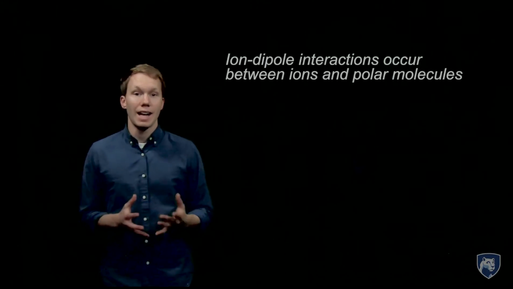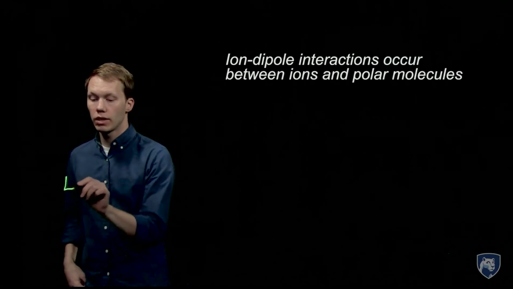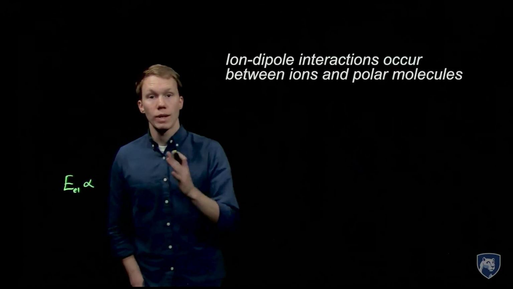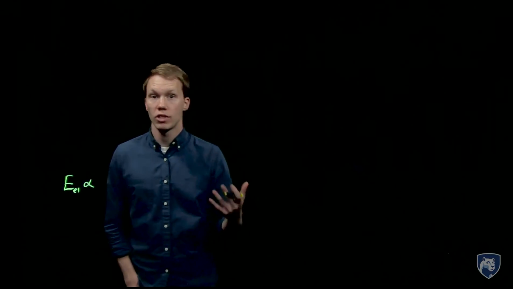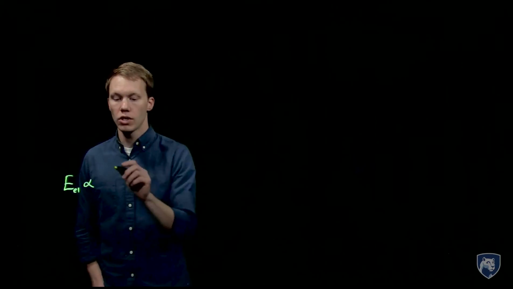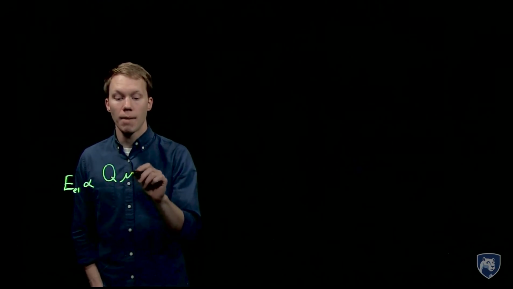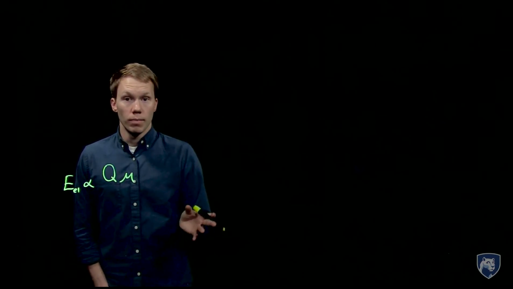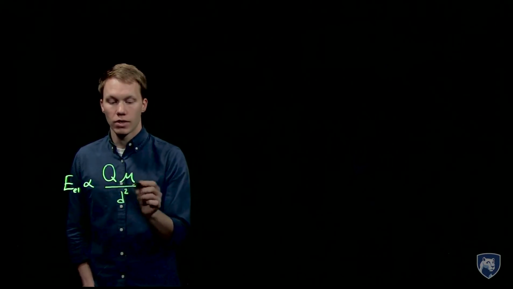When considering the ion-dipole interaction, our formula is going to look a little bit different. The energy involved with the interactions between an ion, which is charged, and a dipole, which is not formally charged, is related to the charge of the ion and the dipole moment of the polar molecule, and divided by the distance squared.